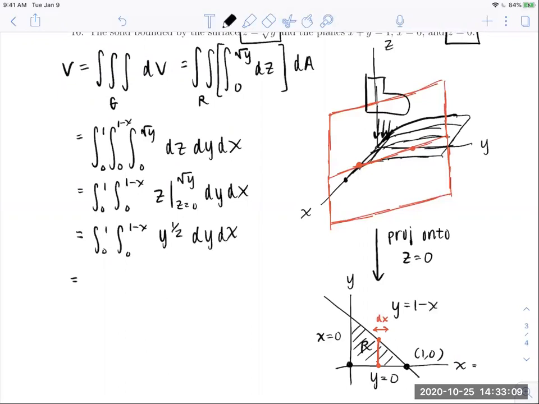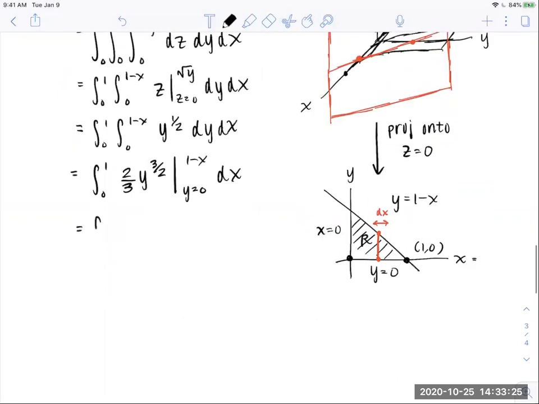So that's going to become 2/3 y to the 3/2 power, where y is ranging from 0 to 1 minus x. So this becomes 2/3 times 1 minus x to the 3/2 power dx.